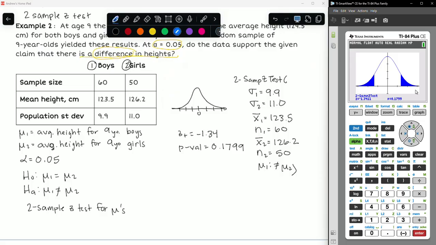So in our graph, 1.3 something is just past one standard deviation on either side. And I can see that that represents a decent chunk of the curve, which makes sense with that larger p-value.